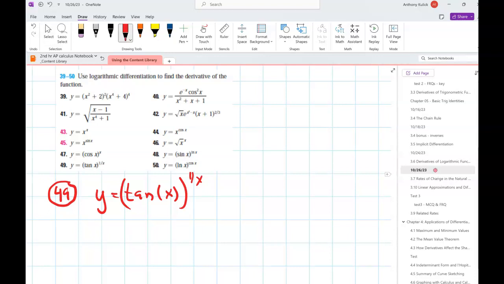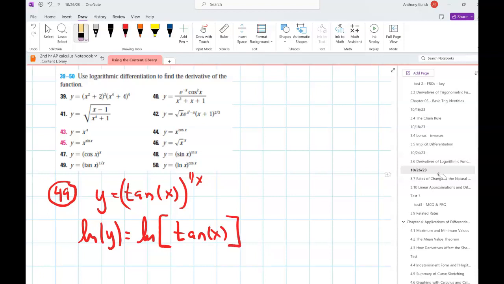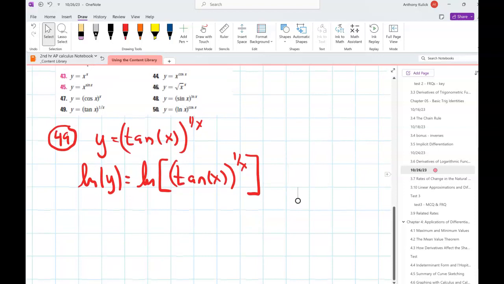So it says use logarithmic differentiation to find the derivative. Okay. So we take the natural log of both sides. I did that to both sides.